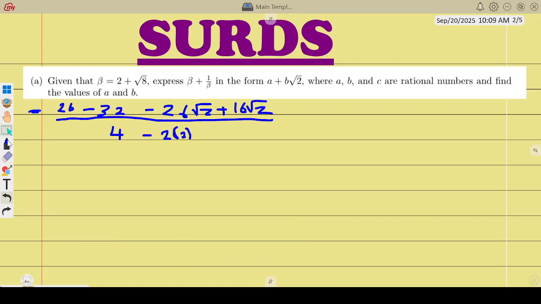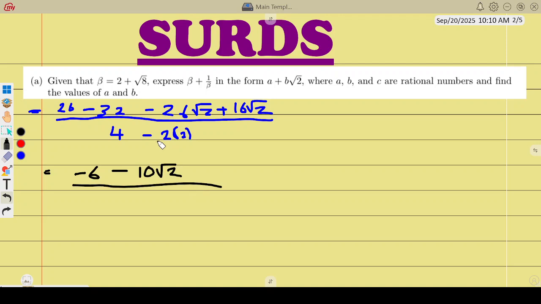So we continue simplifying. Here we say what is 26 minus 32? It is negative 6, minus 26 plus 16, or negative 26 plus 16, that's negative 10, and we have a root 2 over what do we have here?